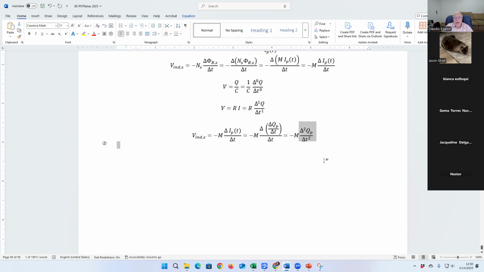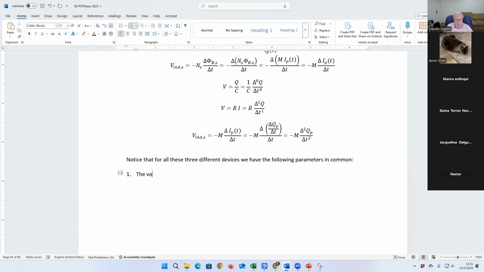There are devices whose equations are somewhat related to each other. Note that for all these 3 different devices, we have the following parameters in common. 1, the voltage. 2, parameters that depend on the geometry of the device.